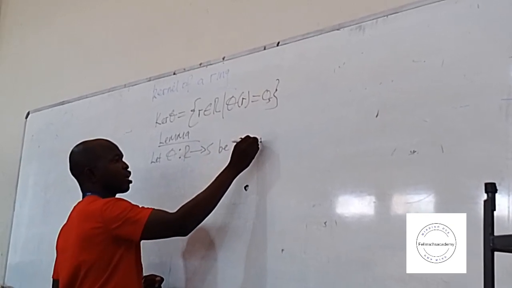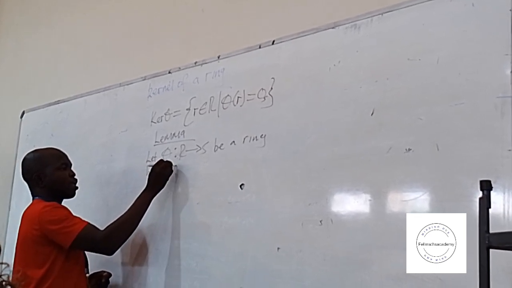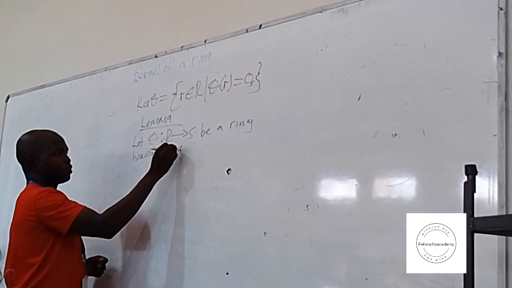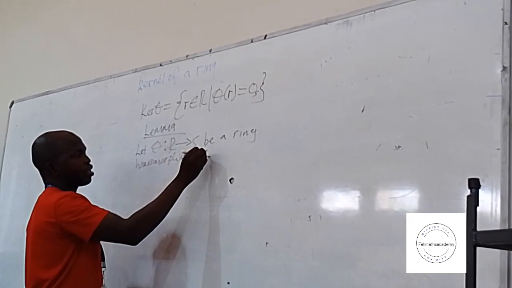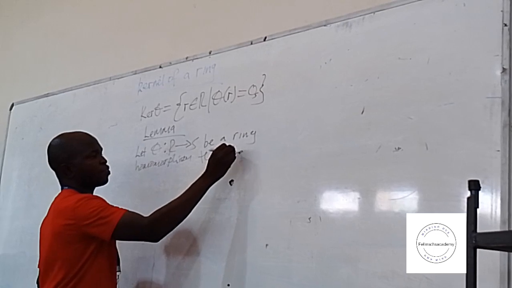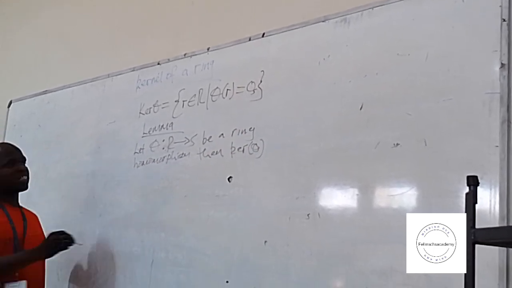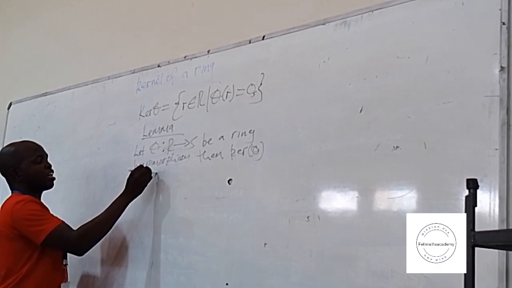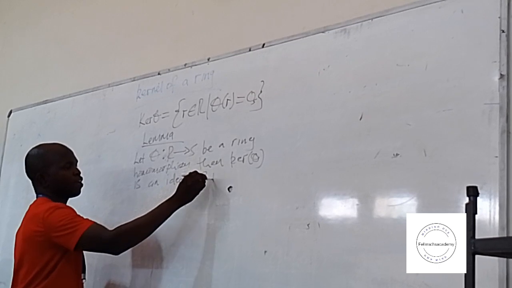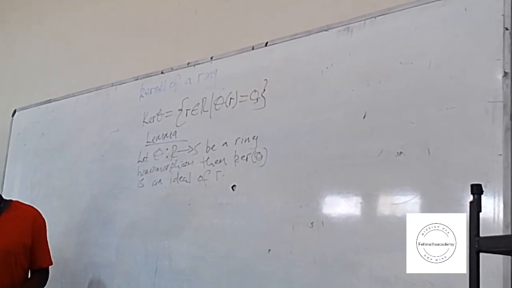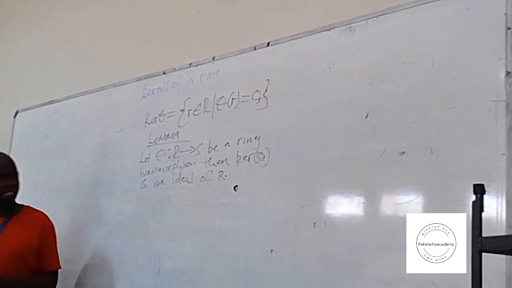Then the kernel of theta is an ideal of R. Okay, this is our question.